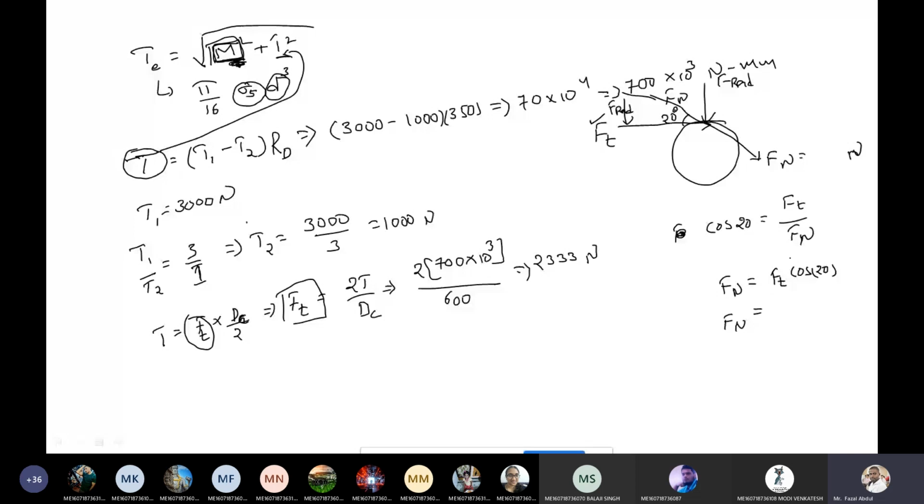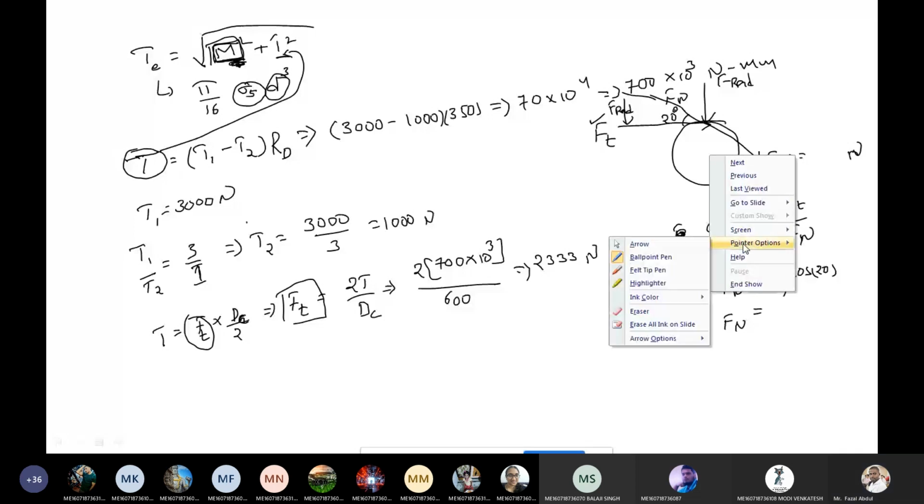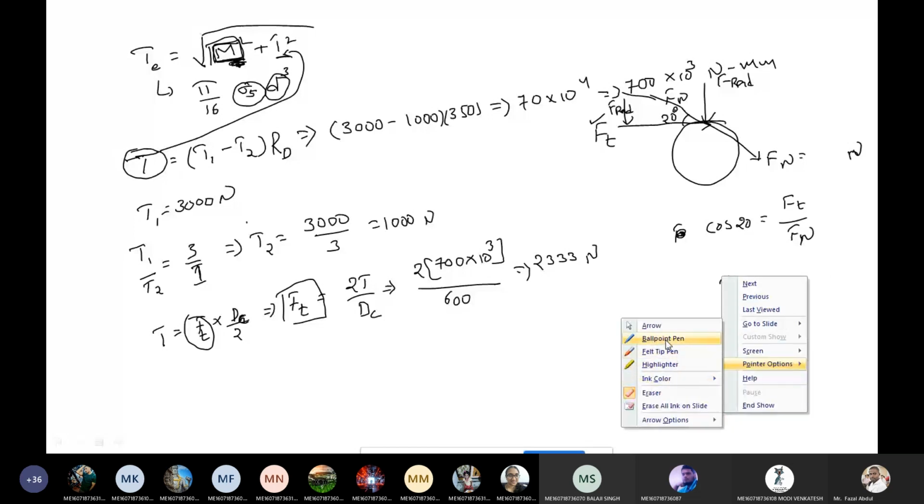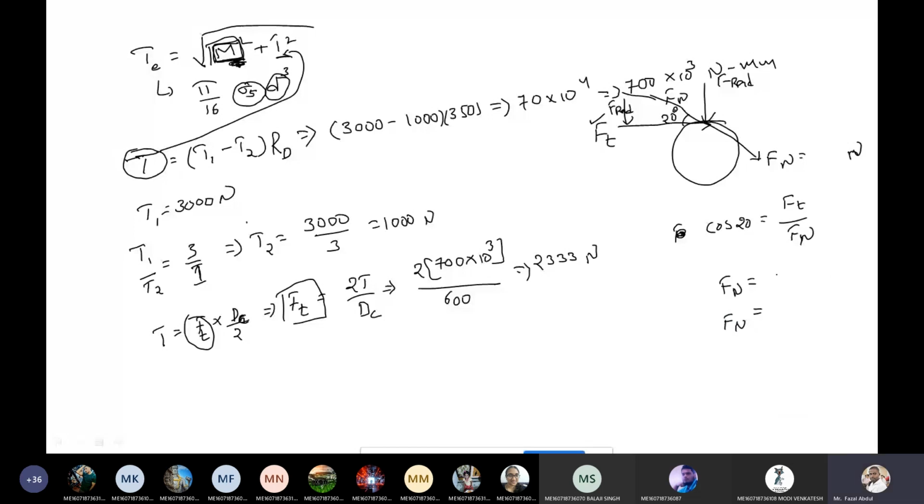This is divided by. I wrote it wrongly here. Fn means Ft by cos 20. Ft by cos 20. So now tell me the Fn value.